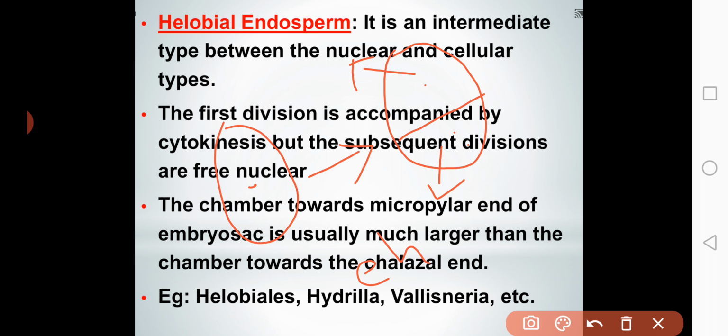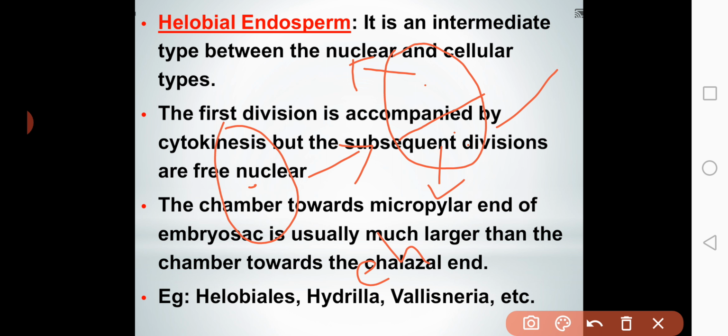Okay, once again I'll repeat. During the helobial type of endosperm formation, the nucleus of the primary endosperm cell divides to form two nuclei. Immediately after the formation of two nuclei, cell wall formation takes place, so that now this is the type of cellular endosperm.